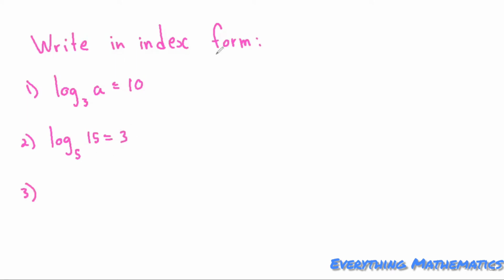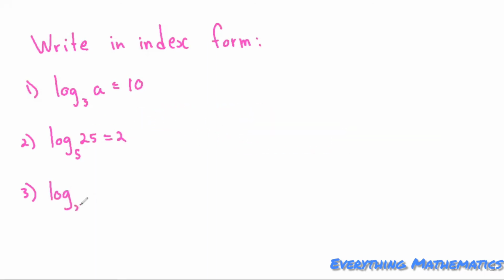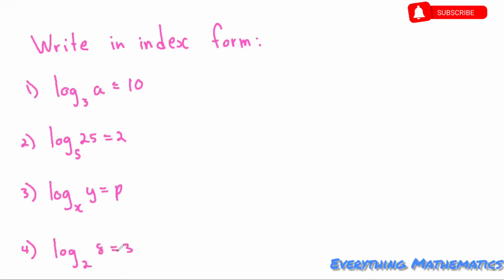This is not actually possible, so let's say log 5 of 25 is 2. And let's do some algebra for the rest. Log x of y is equal to, let's say, p. And 4, let's use a number for this one: log 2 of 8 is equal to 3.